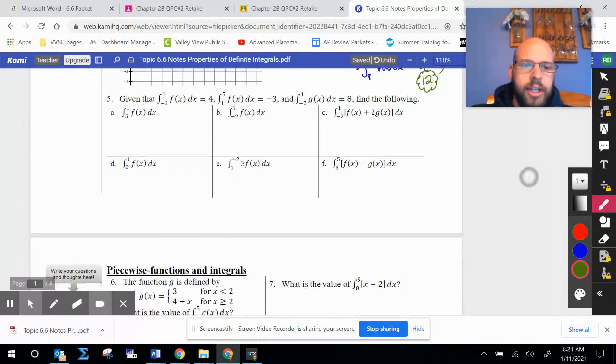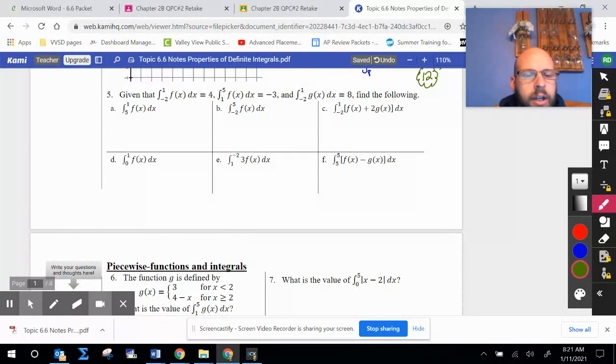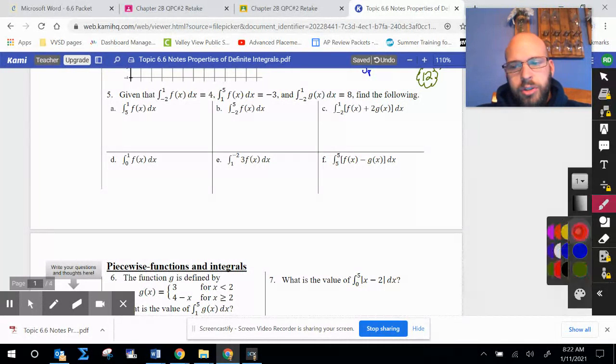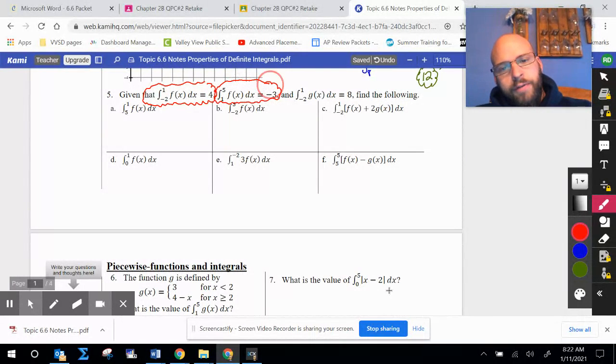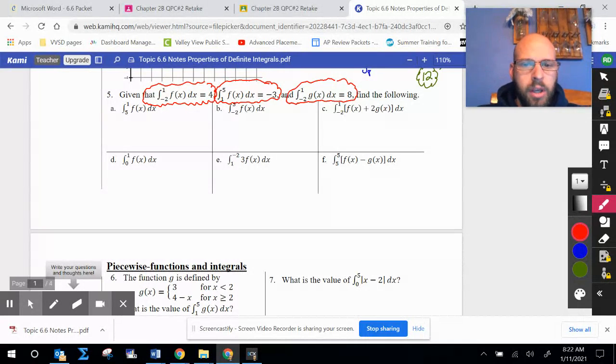Okay, so let's take a look at just some little practice here. Given the following information, I want you to see we have this integral, and we have this integral from 1 to 5, and then from negative 2 to 1 of g of x.